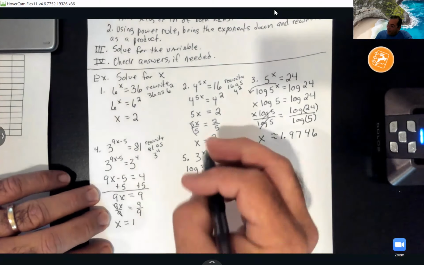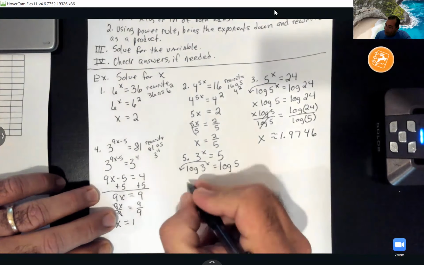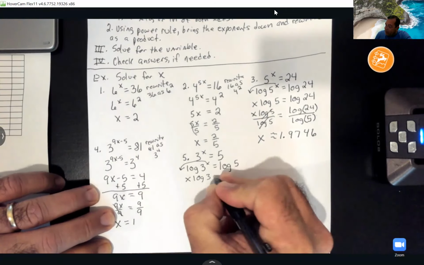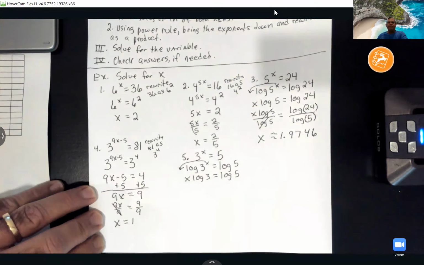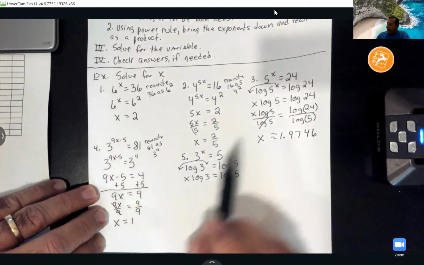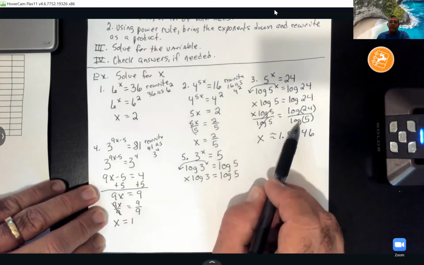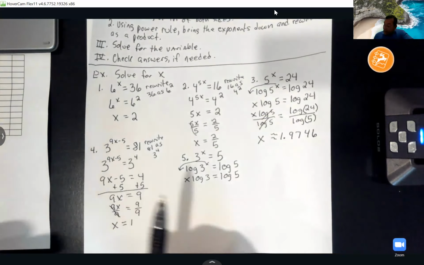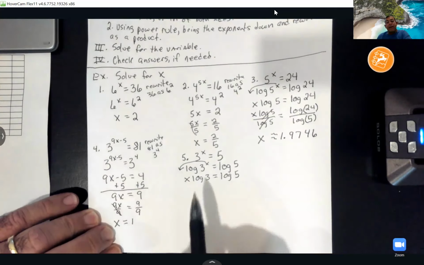Okay, y'all. Power rule, bring that x down to the front. So that'll give us the x times log 3 equal to a log 5. You know, the same thing when I had my x log 5 here, I divided both sides by log 5. Here I got an x log 3, so we're going to divide both sides by the log 3.